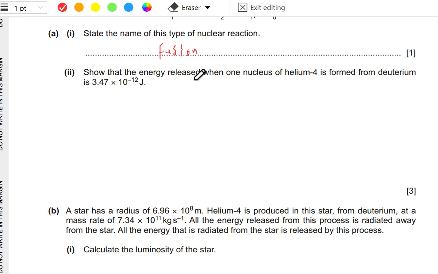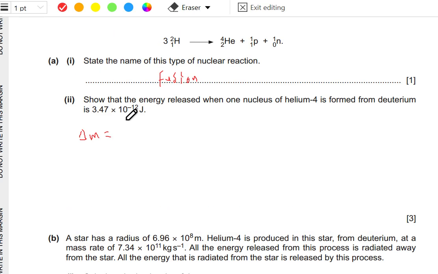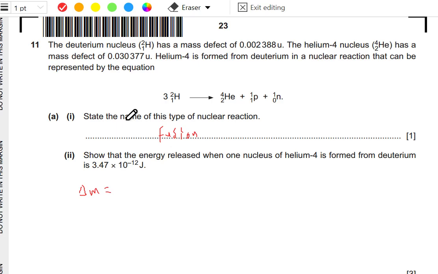Show energy released when one nucleus of helium is formed from deuterium. To find this, we should find firstly the mass defect of the reaction. It will be the mass defect of helium minus that of 3 deuterium.